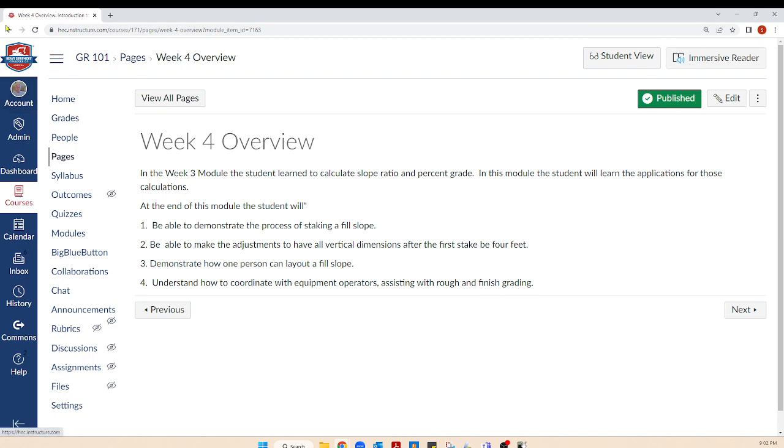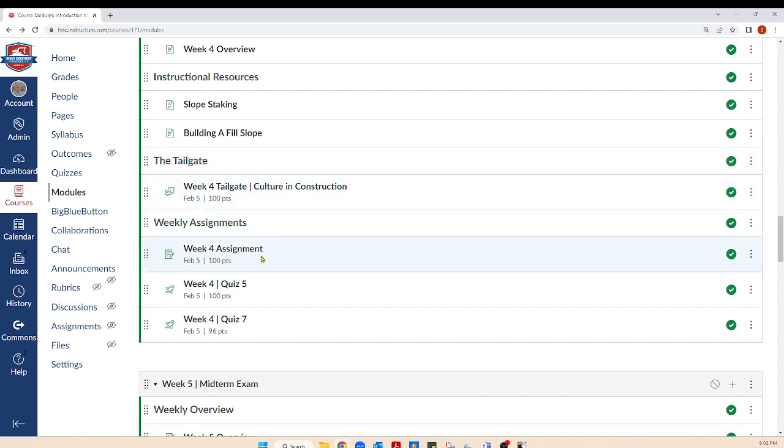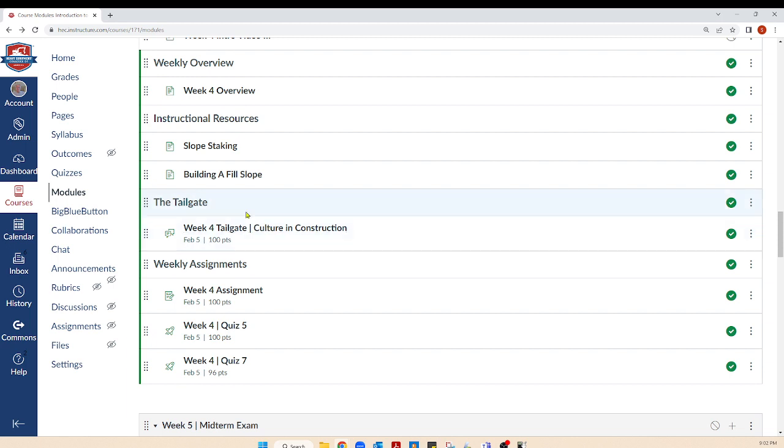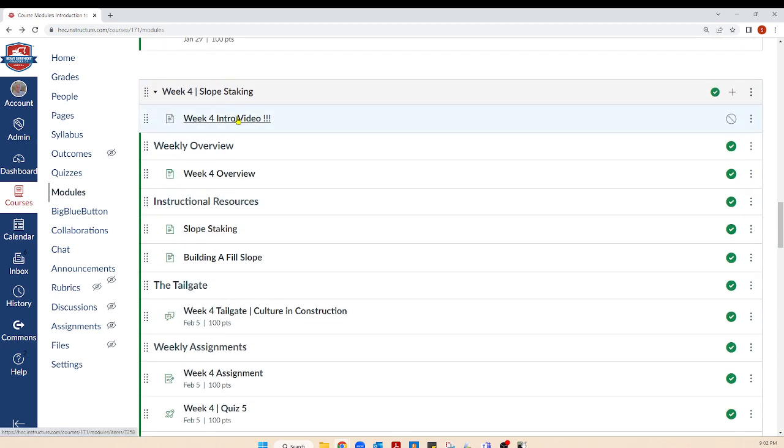So let's see if we can get back to the instructional resources, which are, lo and behold, right here. So in week 4, again, feel free to go back through that quick run through right there. We just looked at the overview, and here are our instructional resources.